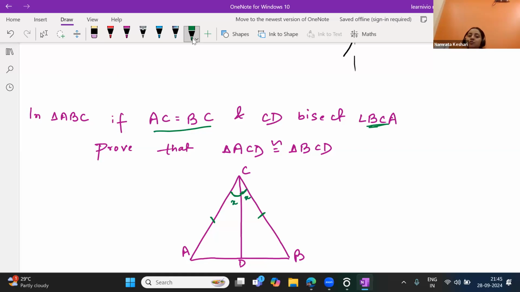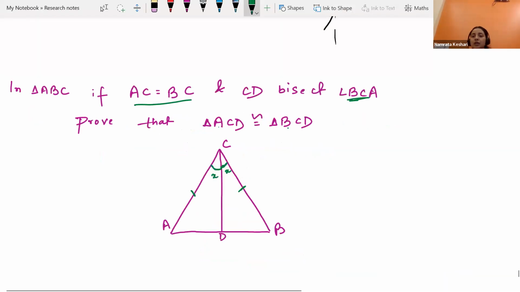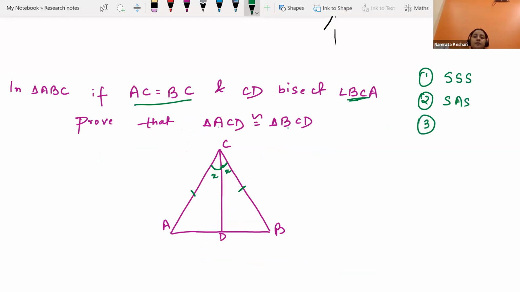And we have to show that this triangle and that triangle are congruent with each other. Now think about it. We have 5 rules in hand, 5 congruency criteria. First one is side, side, side. Next one is side, angle, side. Next one is angle, side, angle.